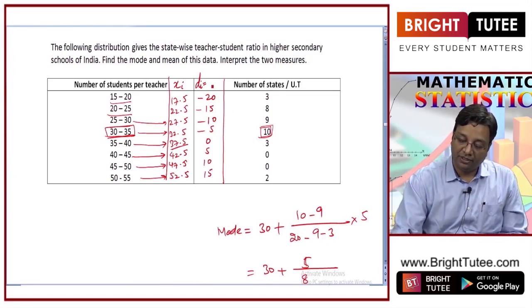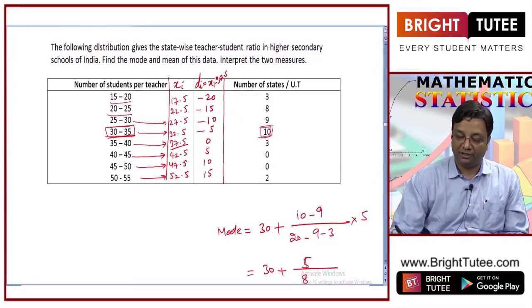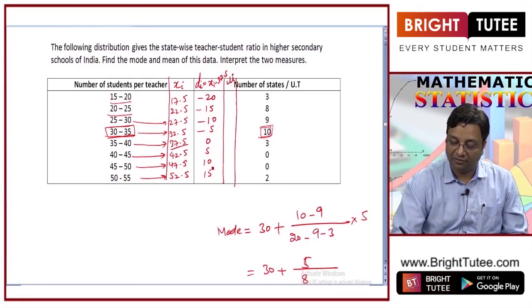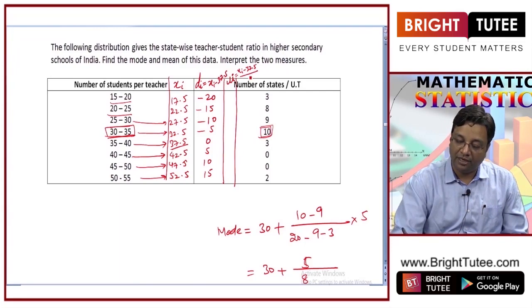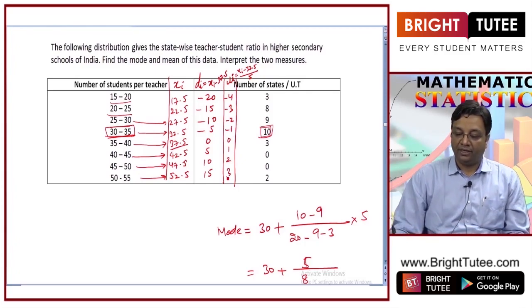So I can further calculate ui, xi minus 37.5. 37.5 is the assumed mean here. So to calculate ui, I will divide it by a certain number, which in this case will be 5, right. So it is xi minus 37.5 divided by 5. So it will become minus 4, minus 3, minus 2, minus 1, 0, 1, 2, 3, right.